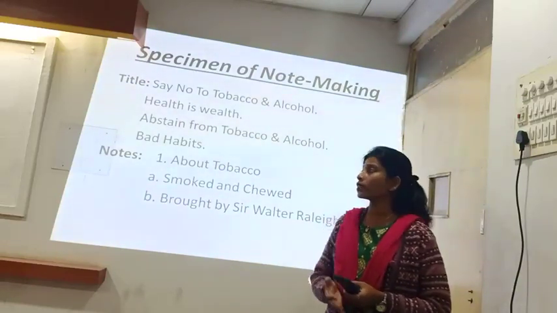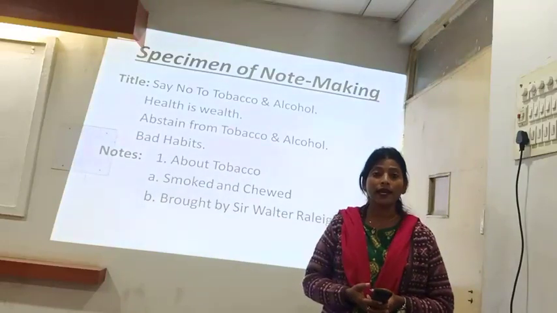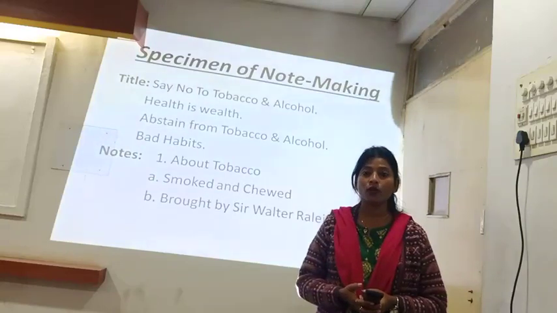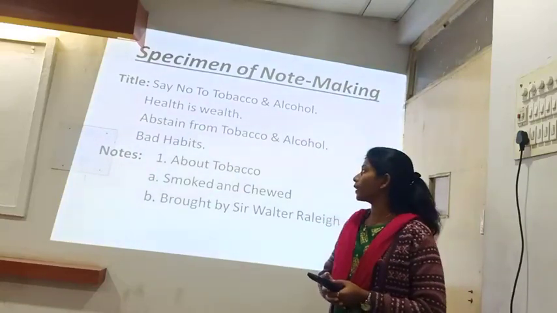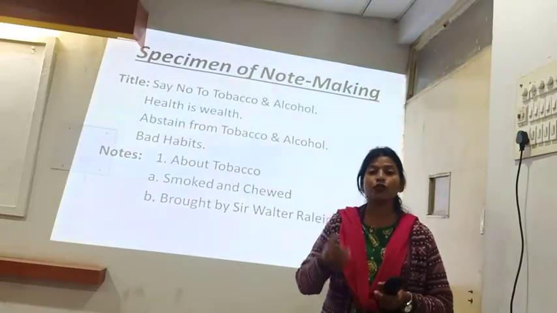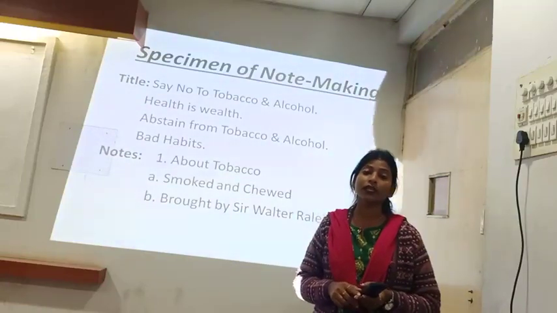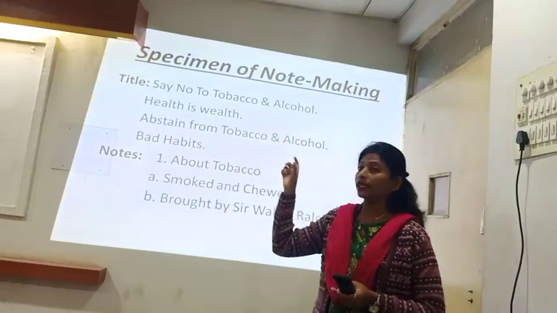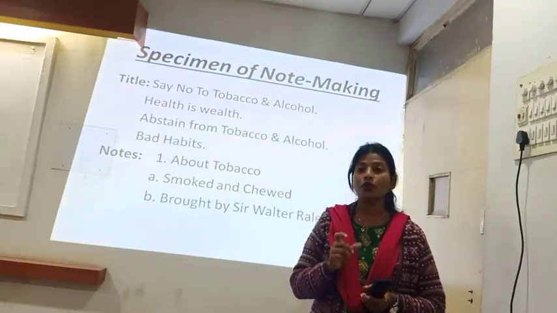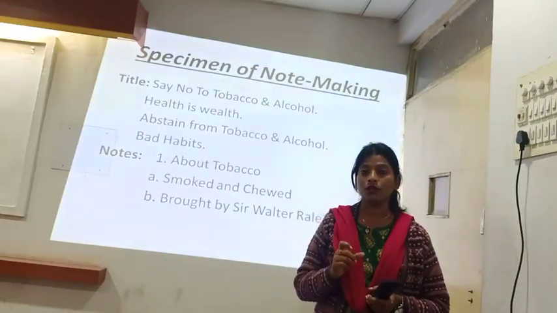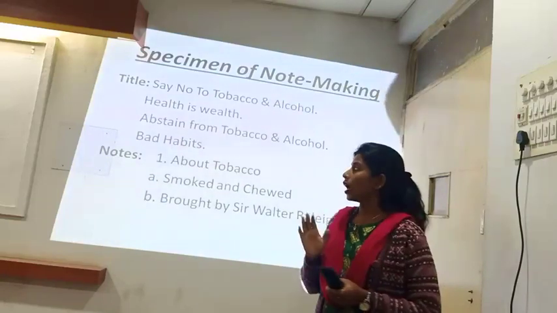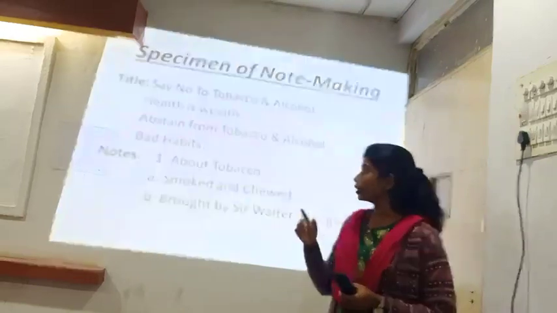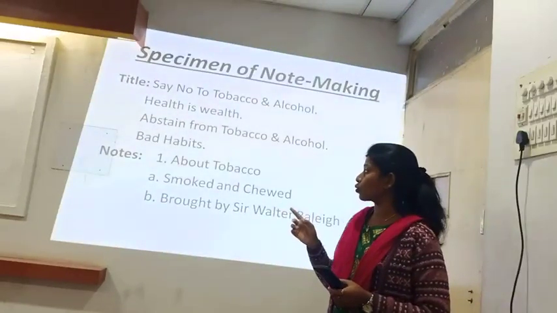Besides this, other suitable titles are "Health is wealth", "Abstain from tobacco and alcohol", and "Bad habit". So the first thing you will do in note making is give a suitable title. The way I have highlighted the word title, you too have to highlight the word title. After the title, you will start making the notes.